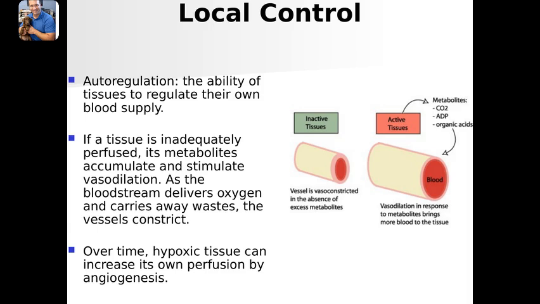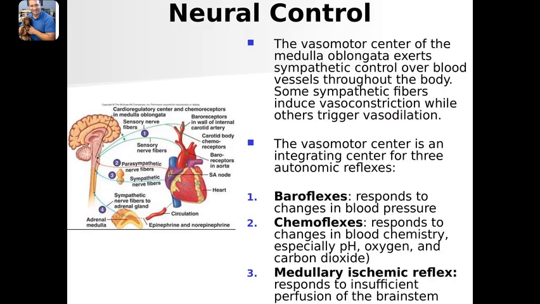And so we call that neoangiogenesis. Yes, we can trigger growth of blood vessels into an area in response to the demands we place upon it. So we weren't exercising, now we are. Our muscles need more perfusion, they need more blood flow. And so we can actually grow new blood vessels. Pretty cool.